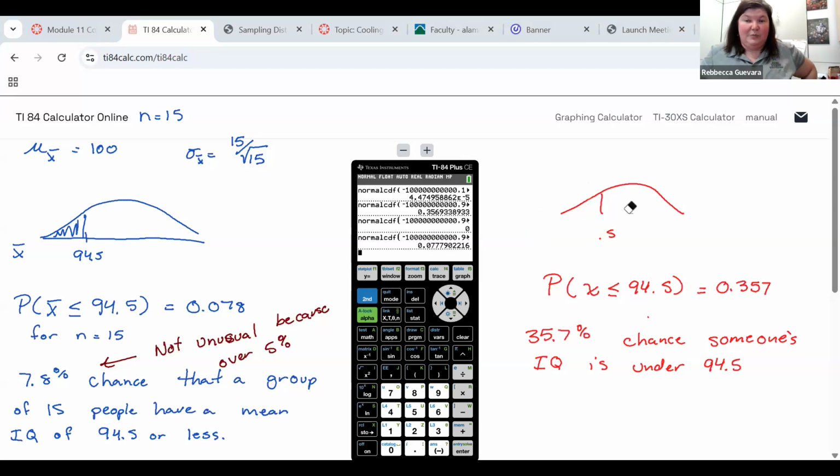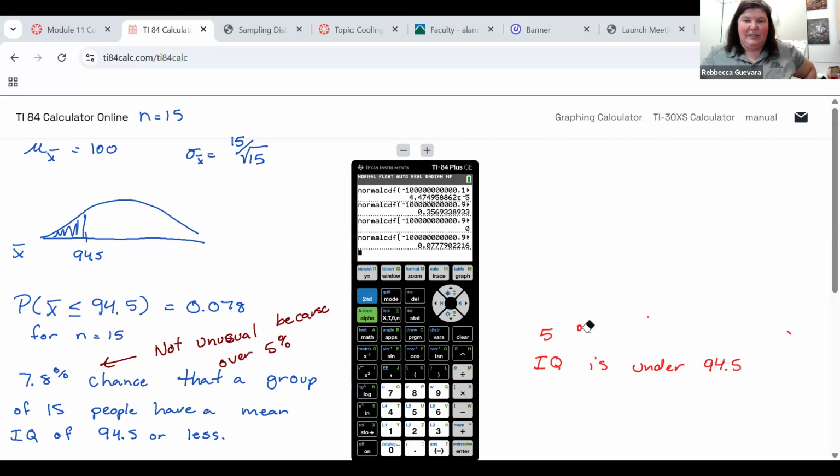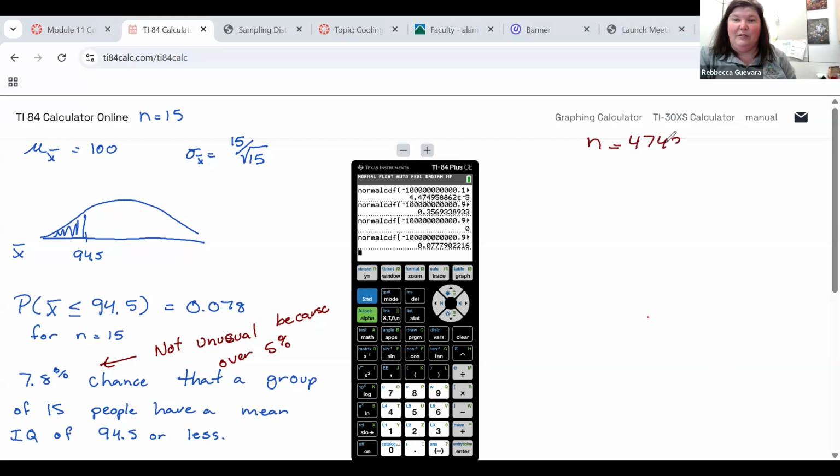Compared to our last problem, we're still doing pretty much the same thing. We're looking at samples, so we need the mean and standard deviation for the sample. So now we're looking at a sample size of 4,743. That means we still have a mean IQ of 100 for our samples.